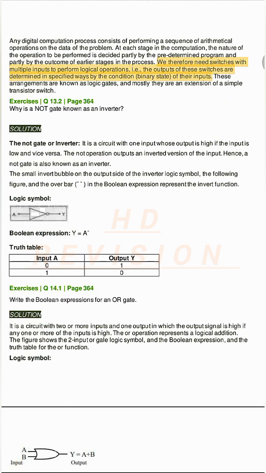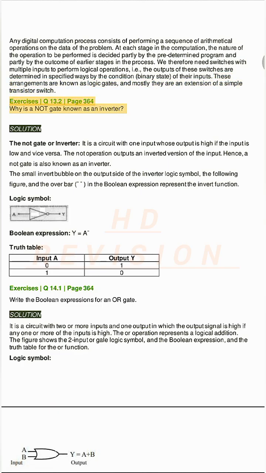We therefore need switches with multiple inputs to perform logical operations, i.e., the outputs of these switches are determined in specified ways by the conditioned binary state of their inputs. These arrangements are known as logic gates, and mostly they are an extension of a simple transistor switch.